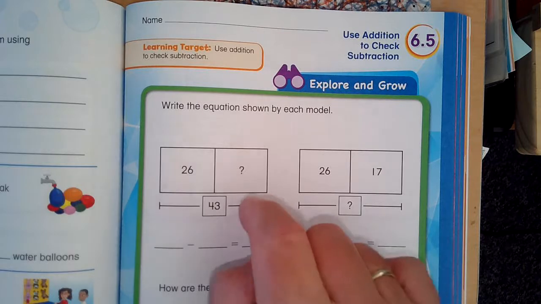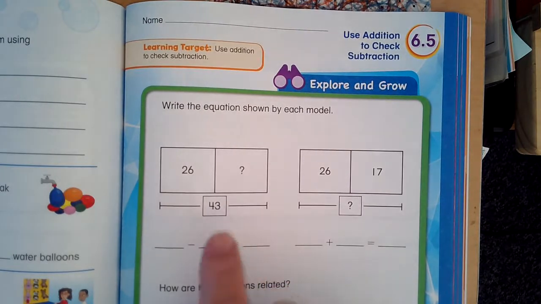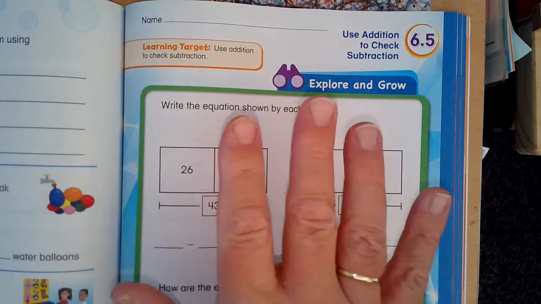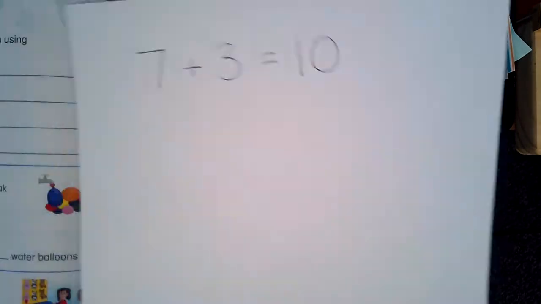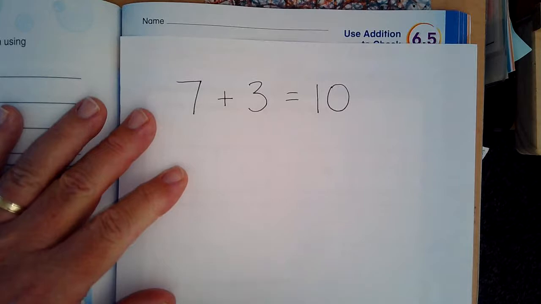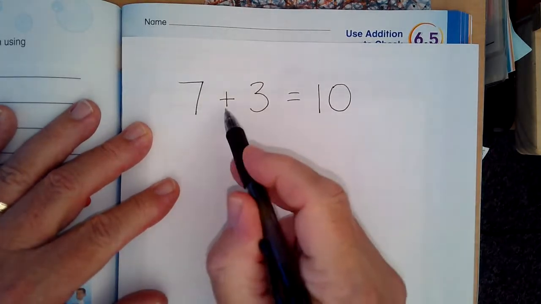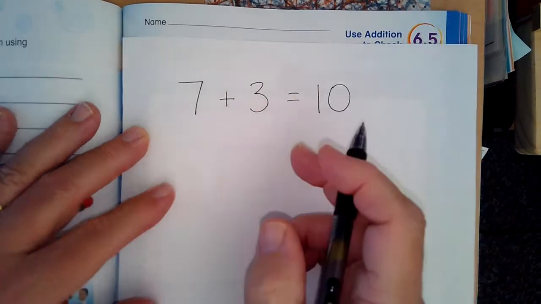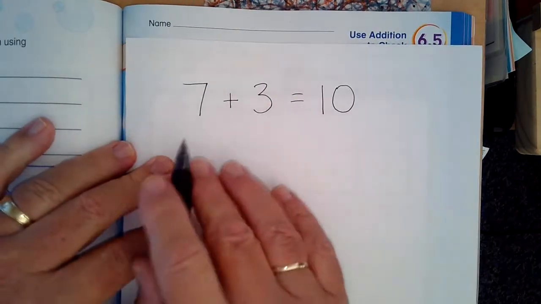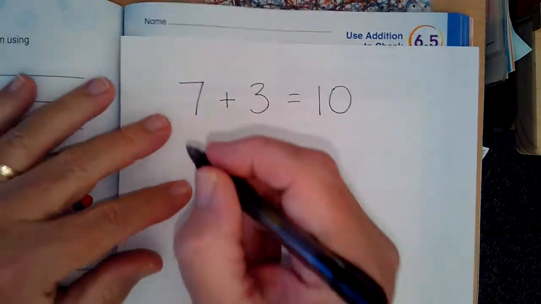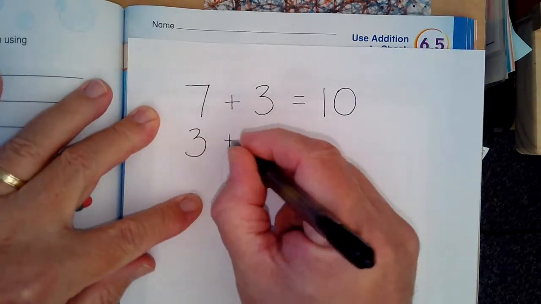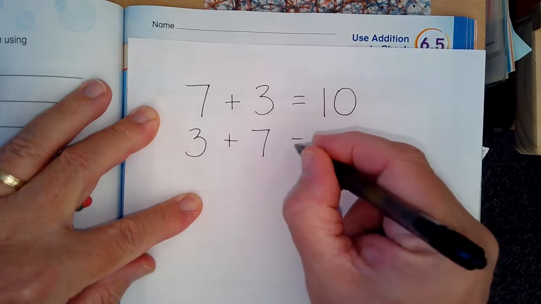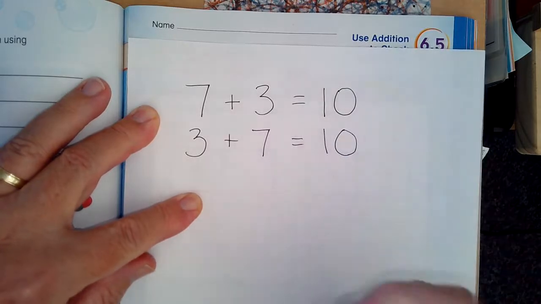It is the same way. We have in our brains the connections that we need to solve these problems. Let me just show you really quick. We know, because we've been practicing, that 7 plus 3 equals 10. We also know, because we can add in any order, that 3 plus 7 also equals 10.